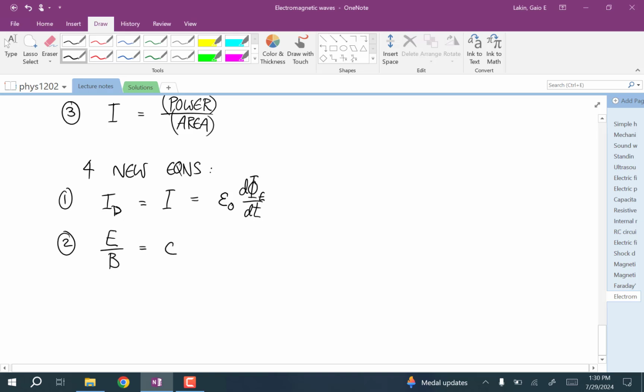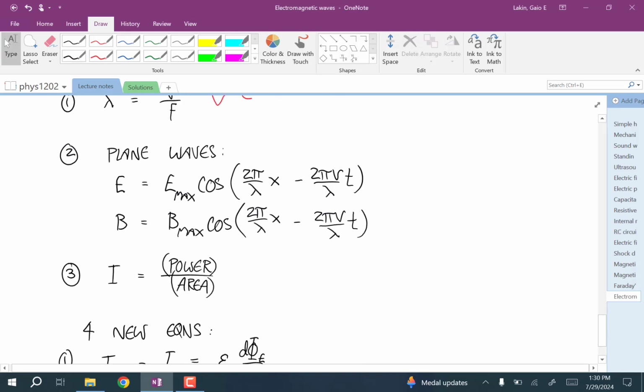So if you have one of these two, E or B, you can use this equation to calculate the other one. And notice, since this is true at every instant, and these two waves are perfectly in phase with each other, this is also true at the maximum values. So you can also do this with the E max and B max values. Those are like the values that get used in number 2 of these wave functions.